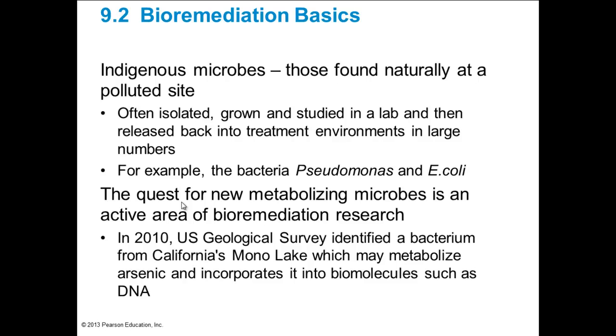This bacteria metabolizes arsenic and incorporates it into DNA. Arsenic is an element, so it can only be bioaccumulated. It can't be converted to something non-toxic. But the organism itself, once it grows and incorporates the arsenic, may be collected in order to reduce the arsenic in the environment.